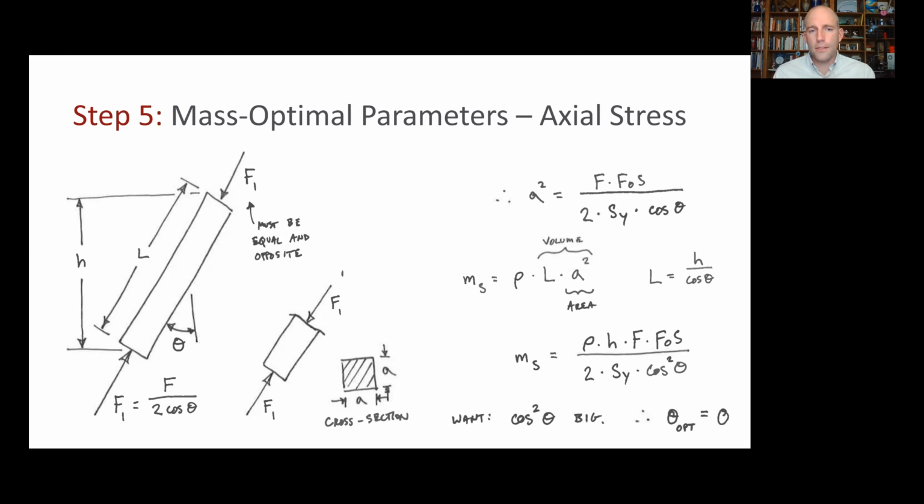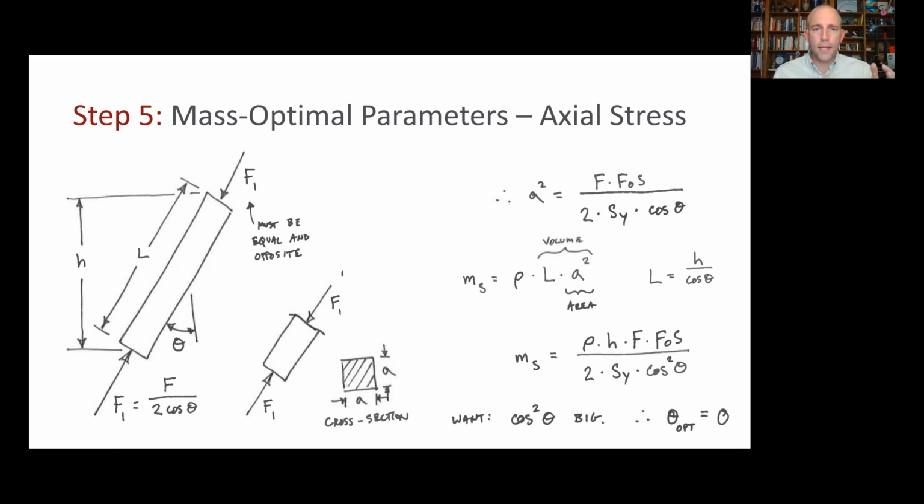So this is telling us that mass will be minimized if the angle of the leg is 0 and the height of our square cross-section beam is the square root of this term. Perfect. So we've optimized both of the geometric parameters in our component.